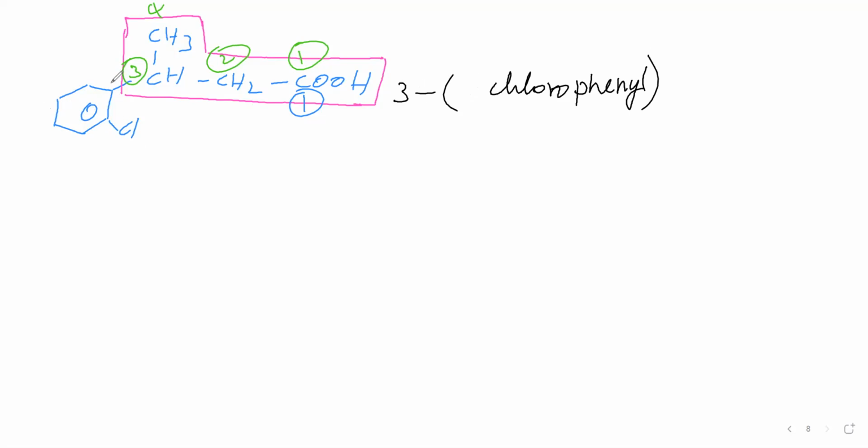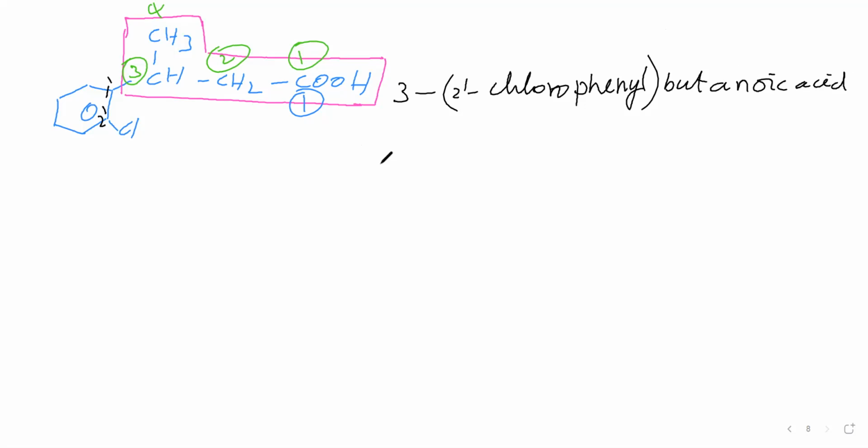So in the phenyl, the carbon directly attached to parent chain you take as 1 dash, then proceed here 2 dash. So chlorine is present at 2 dash. Now the parent chain contains 4 carbon atoms, therefore we will say but. Carbon-carbon single bond, therefore primary suffix an, in that we have dropped e. For carboxylic acid we will say oic acid. So the name of this compound is so and so.